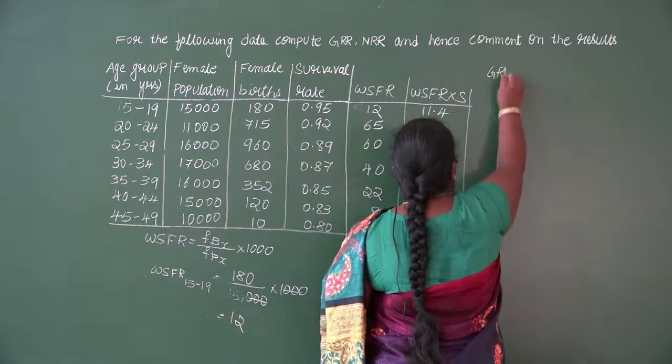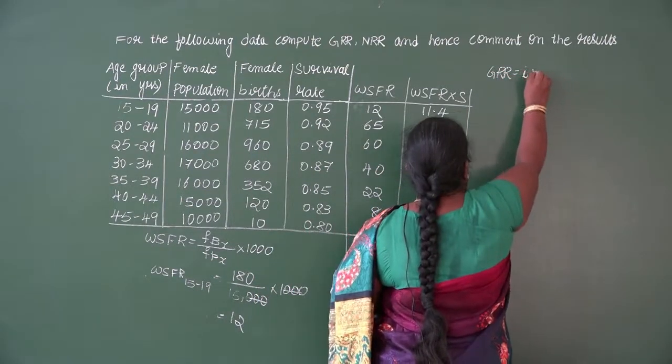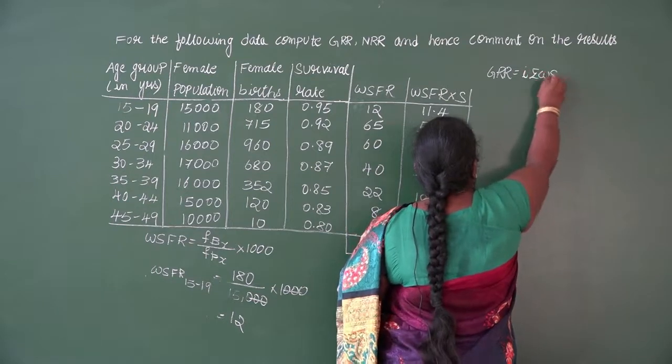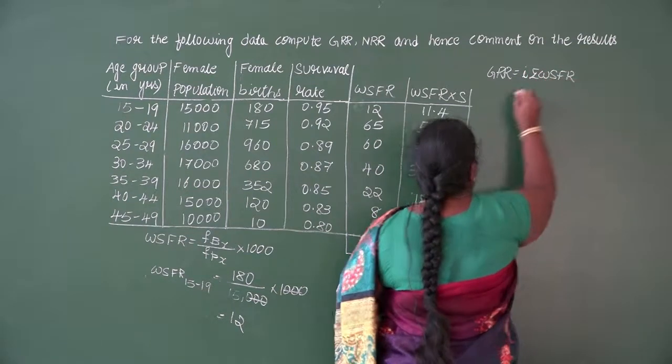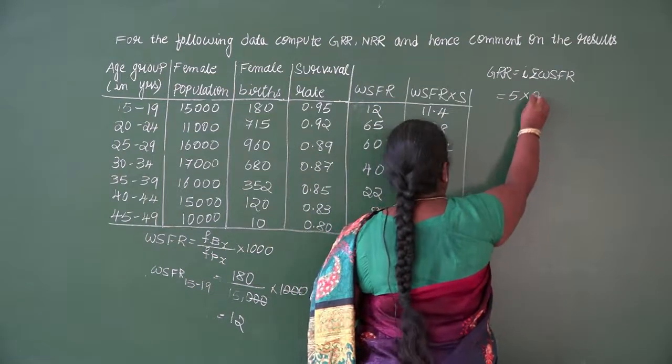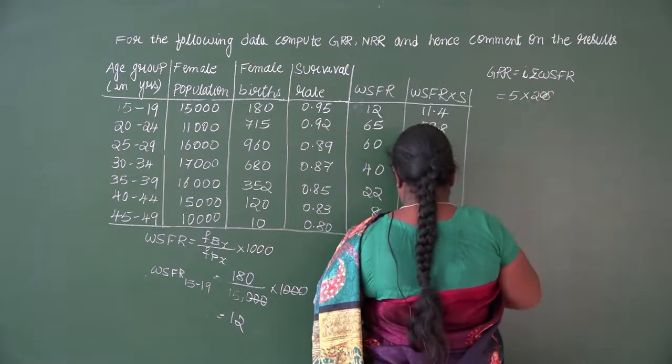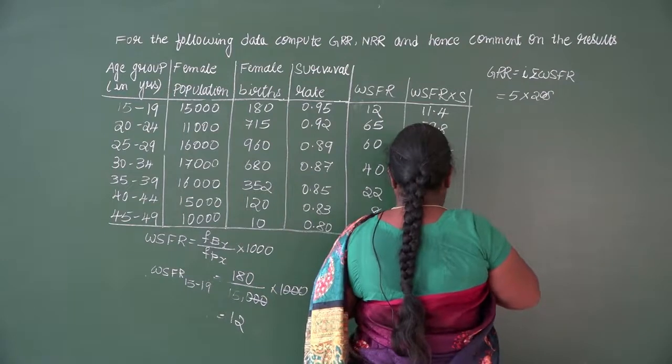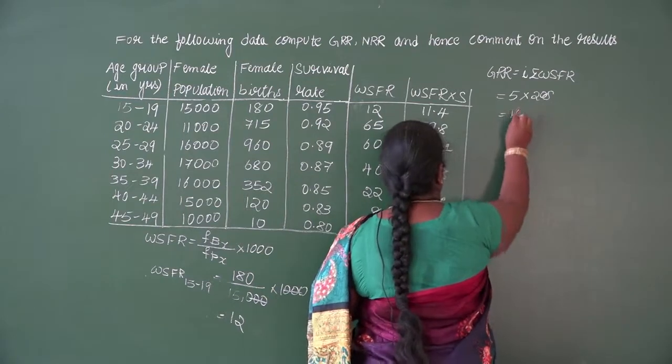So GRR formula is I sigma WSFR. So I is 5 in this, so 5 into 208. So 5 into 208 is 1040.